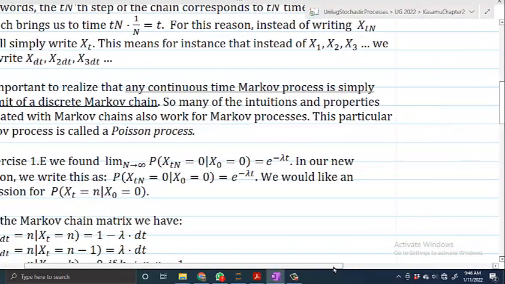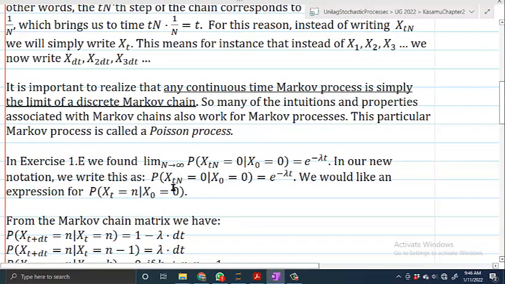Now, we found in exercise 1E that the limit, as n goes to infinity, of the probability that xtn equals 0, given x0 equals 0, is e to the minus lambda t. This was using the discrete Markov chain notation, where xtn is the value of x after tn time steps. Now remember, tn time steps corresponds to tn steps of time interval 1 over n.